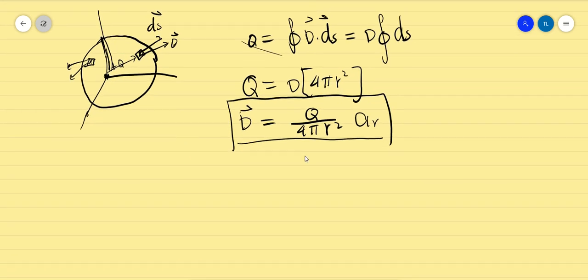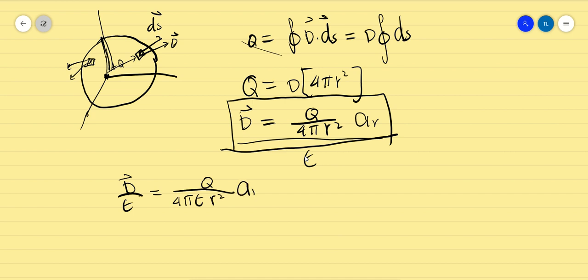Now, if we divide this whole equation by the permittivity, so D divided by the permittivity, this will be equal to Q all over 4 pi epsilon r squared ER.